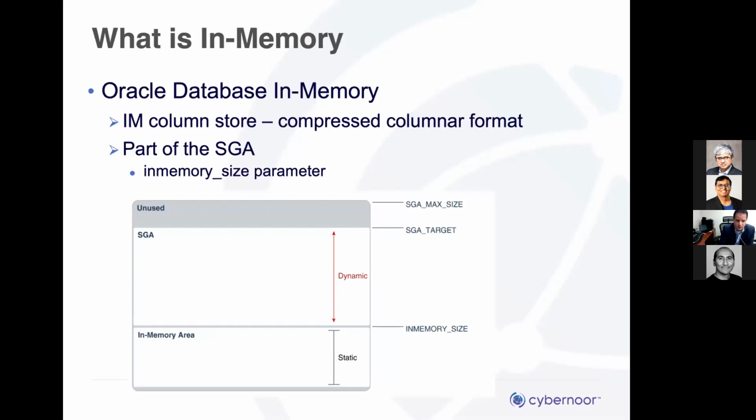There's a parameter called inmemory_size to control how much you give it, whether it's, for example, 10 gig, 20 gig, or however large you're able to allocate. And the in-memory area can grow along with the SGA, if you're using, for example, automatic memory management to allow the SGA to grow and shrink based on the load.